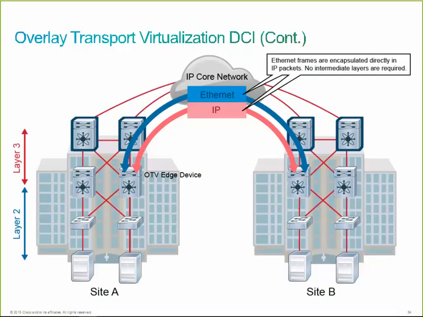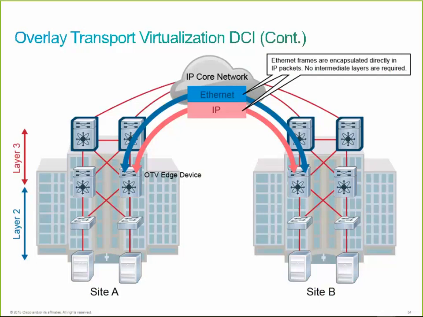The fact that we're creating this dynamic encapsulation eliminates the need to establish pseudowires between our data center locations. We can use an IP transport as our core network, but we still get the benefits of this layer 2 connectivity, okay?